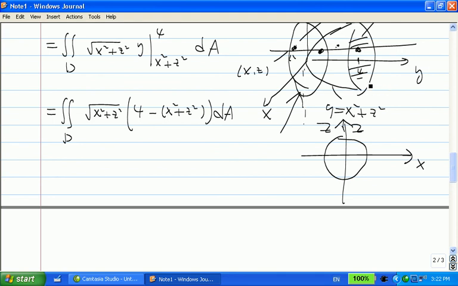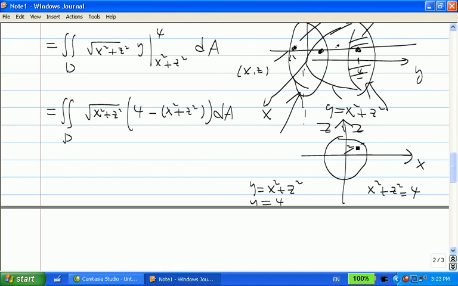This circle is the intersection of two surfaces. One is this paraboloid. One is a plane, y equals 4. The intersection gives you x squared plus z squared equals 4. So your radius is 2.